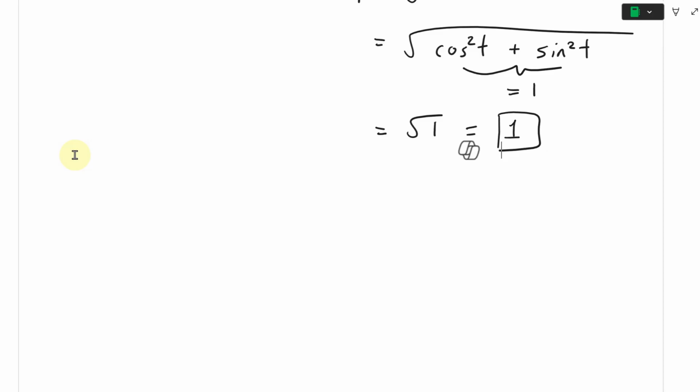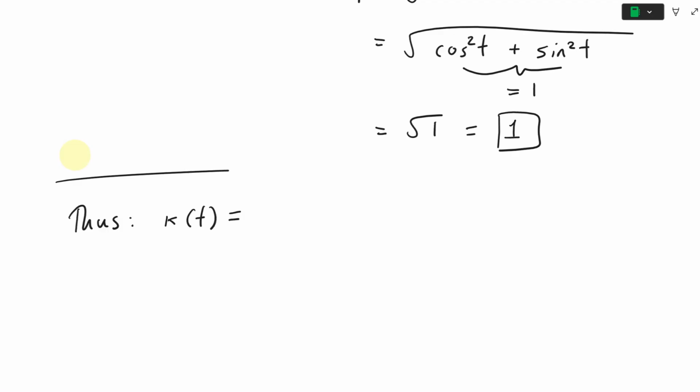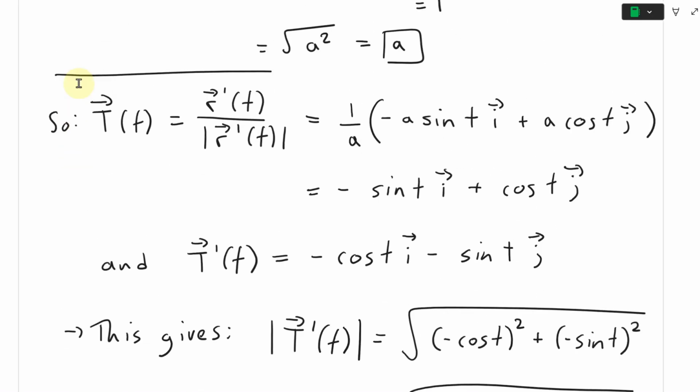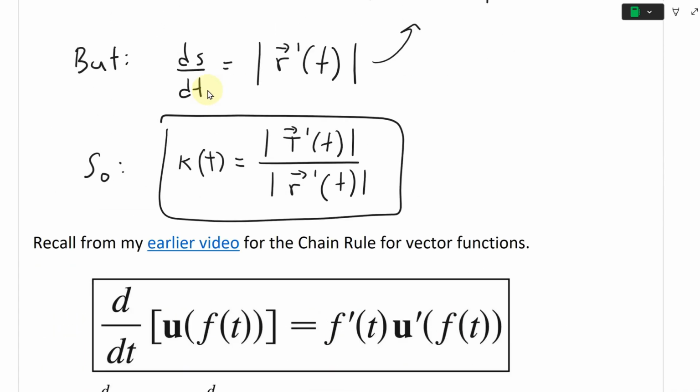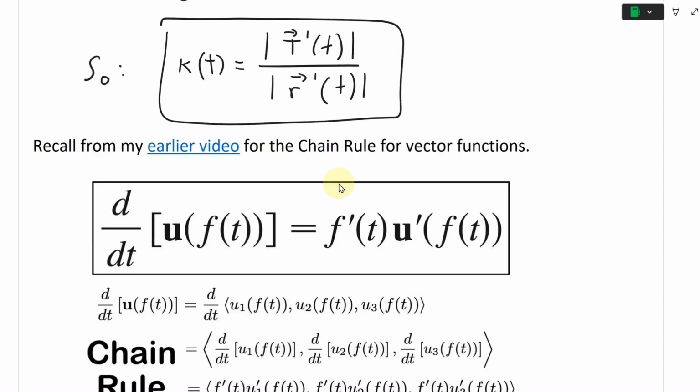All right, so thus, kappa in terms of t, this is the curvature, now equals, we already know this, the length of the derivative of the unit tangent vector in terms of t divided by the length of the derivative of the vector function in terms of t. So we just divide those out.